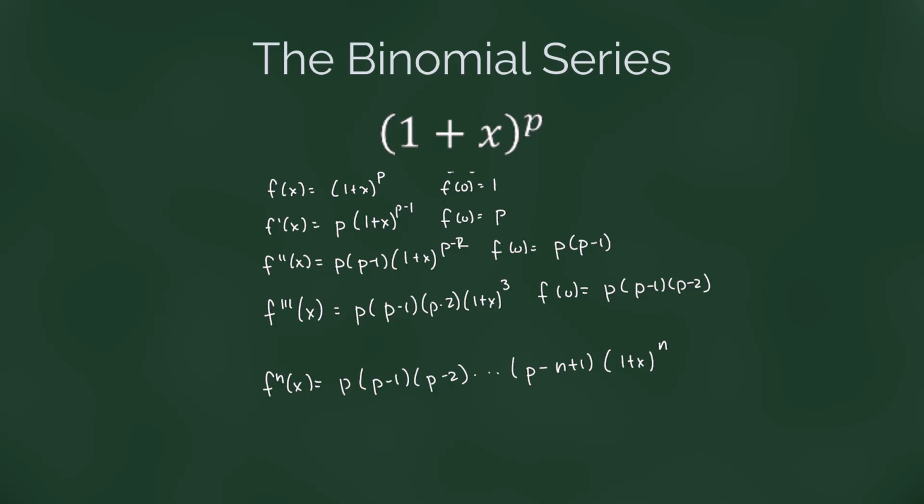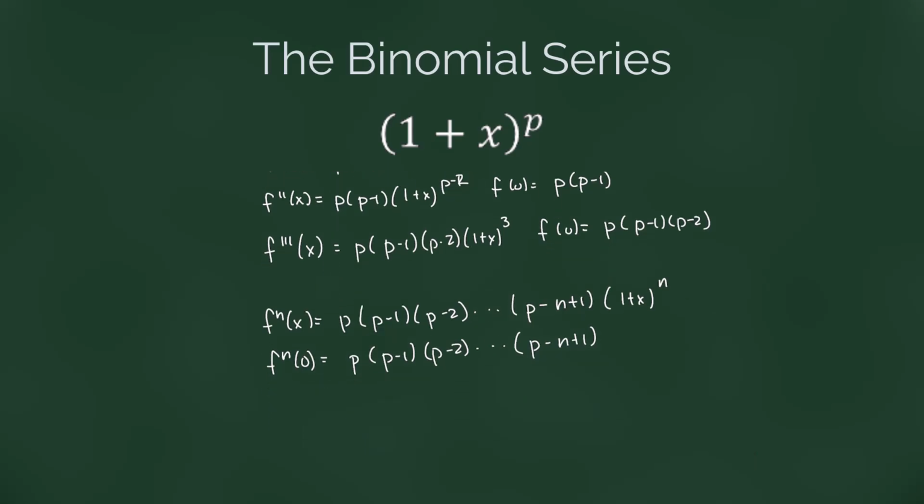And the nth derivative at 0 is going to be p times p minus 1 times p minus 2 all the way down to p minus n plus 1, which means that when we put this into our Taylor polynomial, or our Maclaurin series, we get the sum from n equals 0 to infinity of f to the n of 0 over n factorial times x to the n.